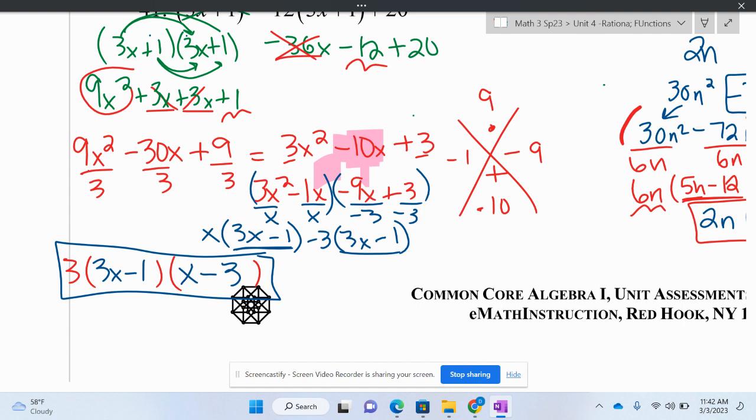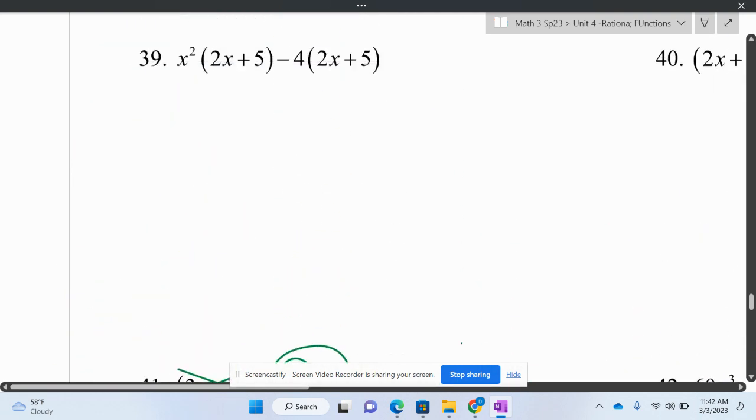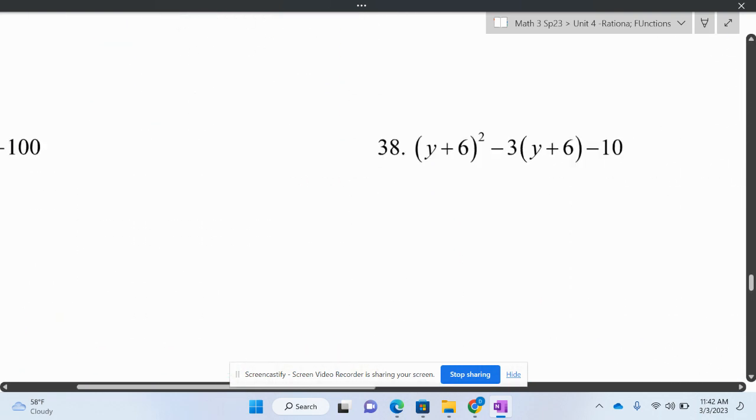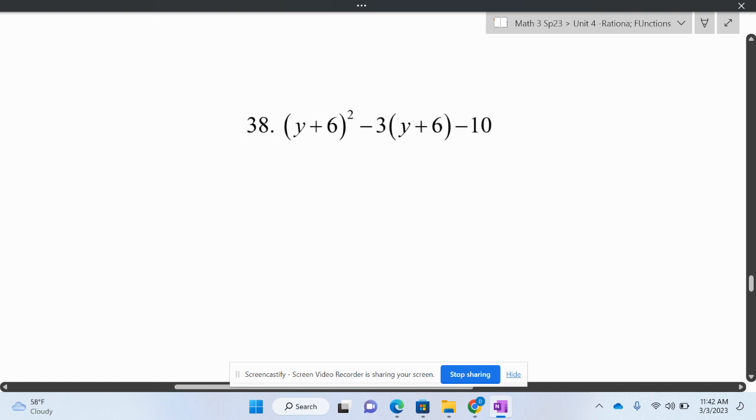Dustin, which one did you want to see? Between 35 and 38. Pick one. Yep. 38. Here we go. Is 38 a tough one? Because I gave my answer key away. 38. We got this.